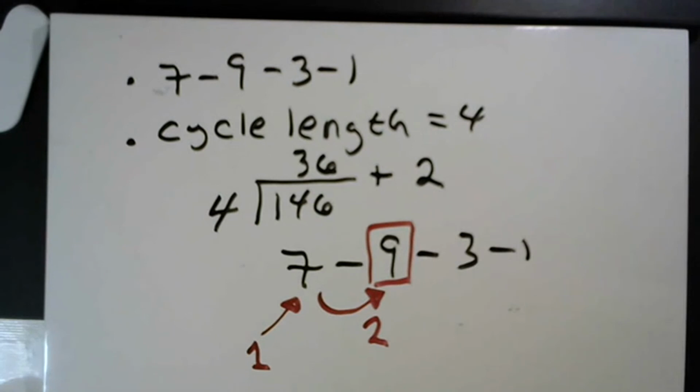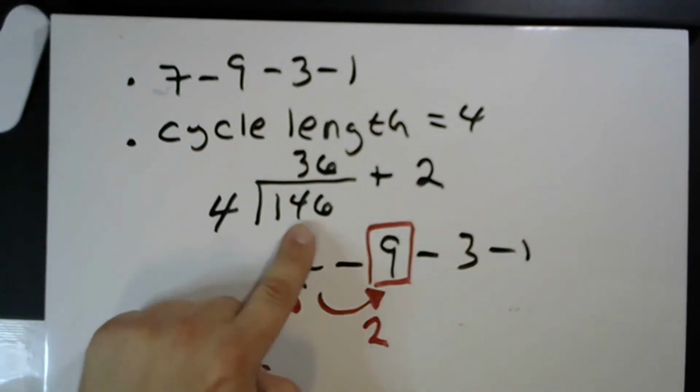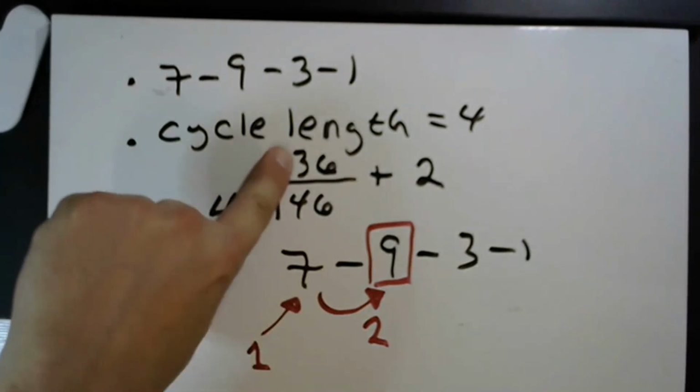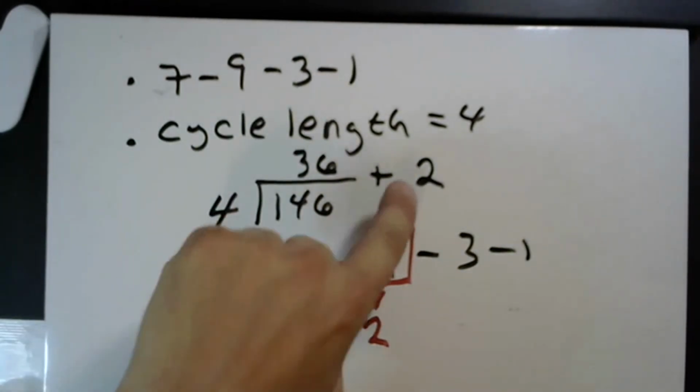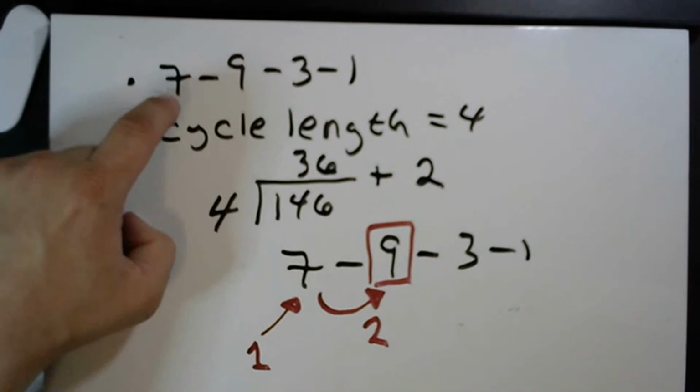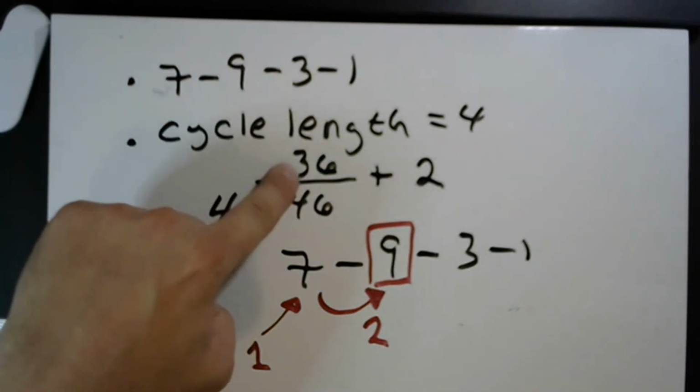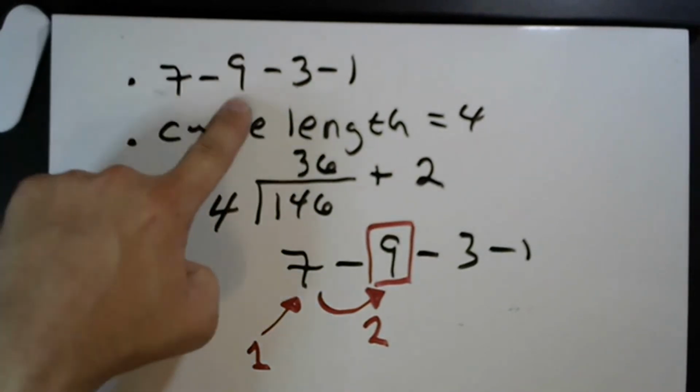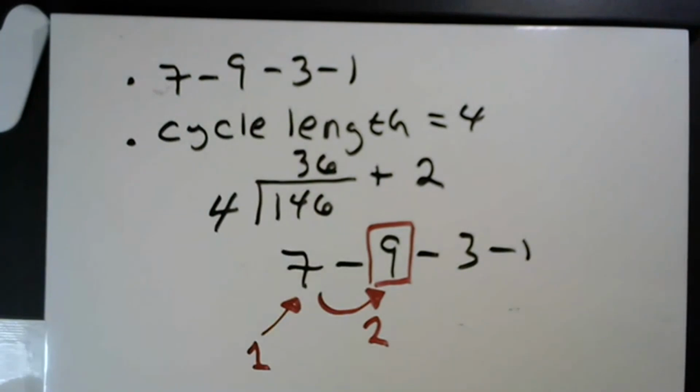And so that means the answer is 9. So basically you find your cycle, determine your cycle length, divide that into the exponent. You can ignore the quotient, but the remainder tells you how far into the next cycle you go. And then that's it. Questions about that, please let me know.